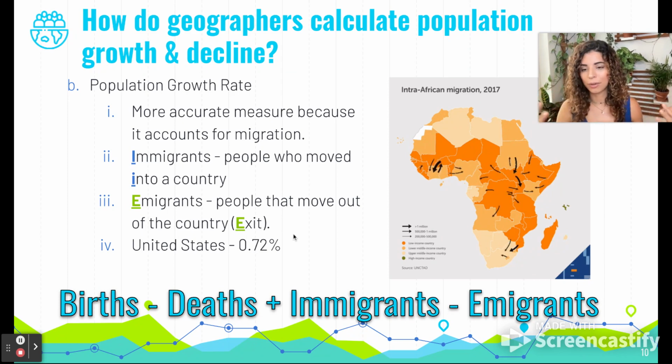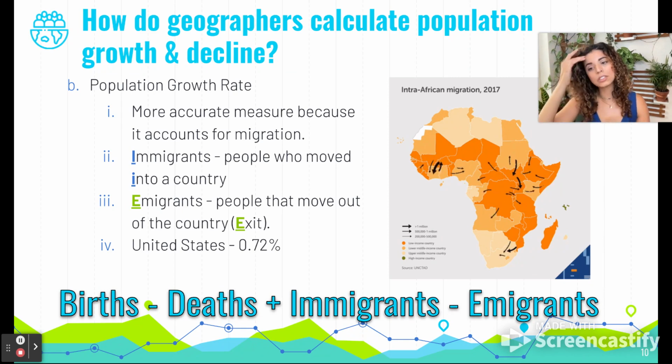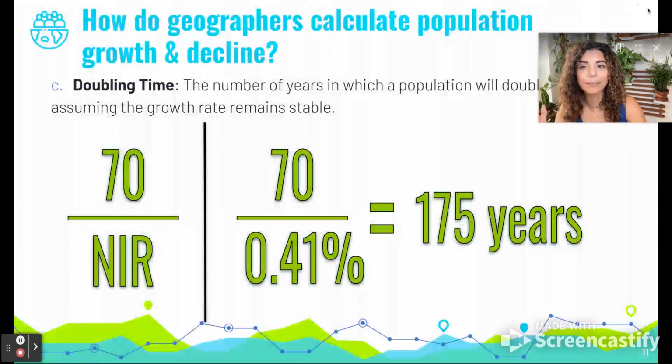That's kind of what helps me think it out. For the US, previously it was 0.41. Taking into account migration, it goes up to 0.72%. So it's births minus deaths plus immigrants minus emigrants. That's what gives you the overall population growth rate.